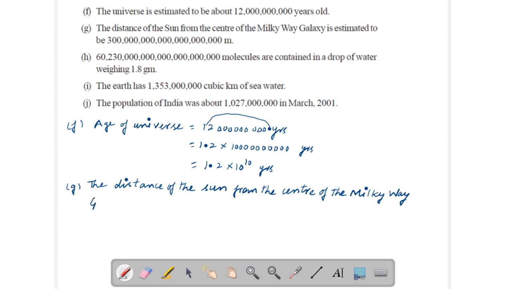It is equivalent to 3 followed by zeros.